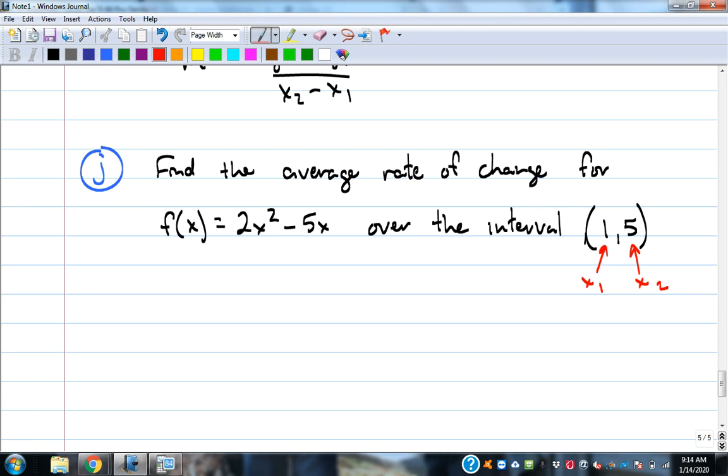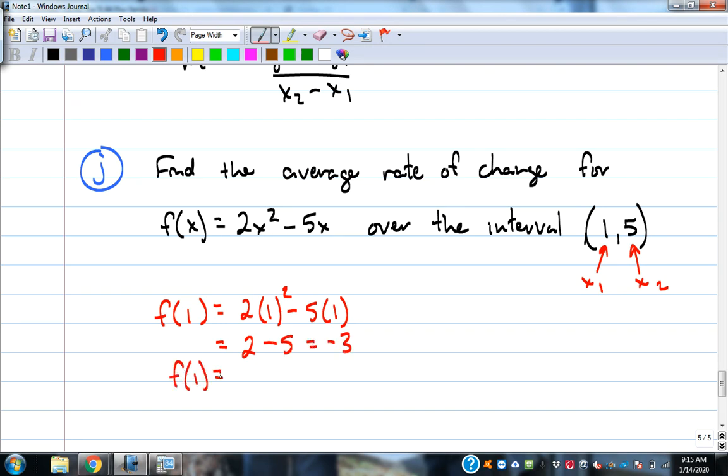I need ordered pairs. I need 2 ordered pairs to find the slope, right? So I've got x values coming from the interval, so I need to find the y values that go with them. So to find the y value that goes with 1, I plug it in, right? And work it out. It'll be 2 minus 5, negative 3. So f of 1 equals negative 3.